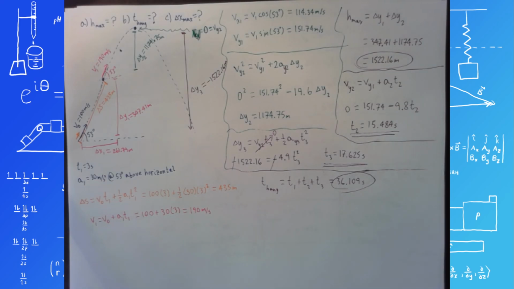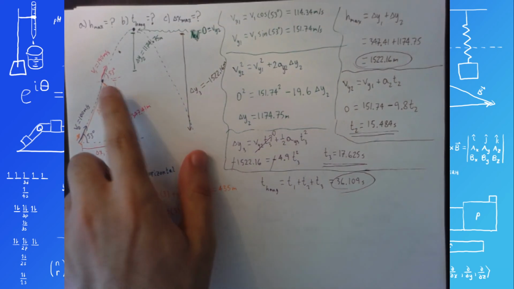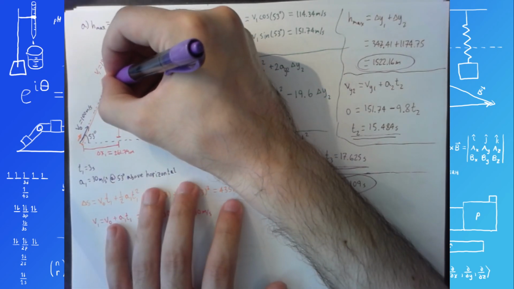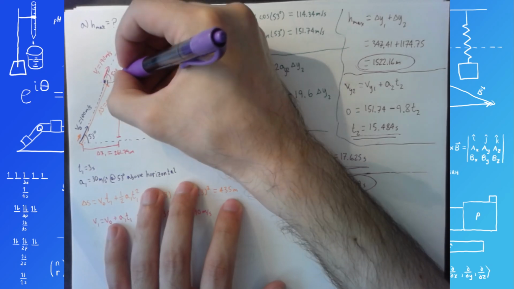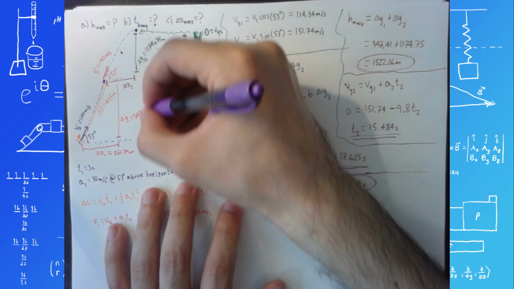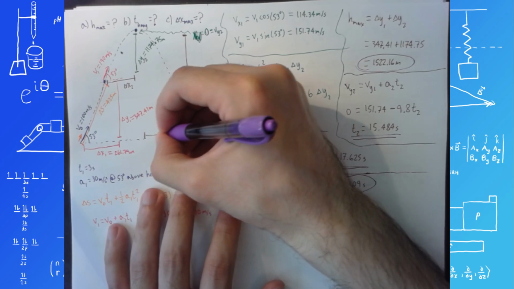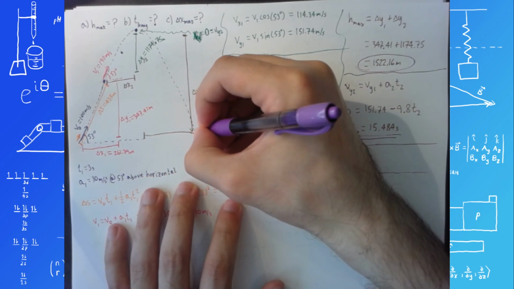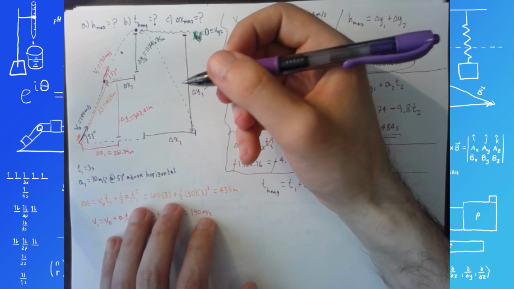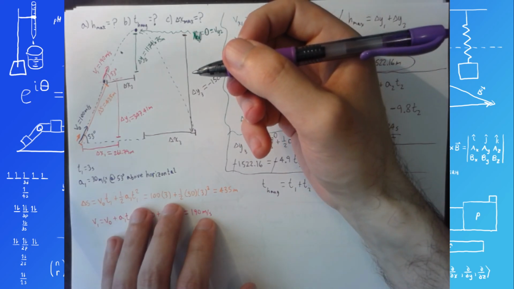And now we are left with the question of what is delta x max? Well, for that I need delta x1, which we calculated earlier, and delta x2 and delta x3. So I need delta x2, and I also need delta x3, and I want to add all of those together to figure out what my total delta x is.